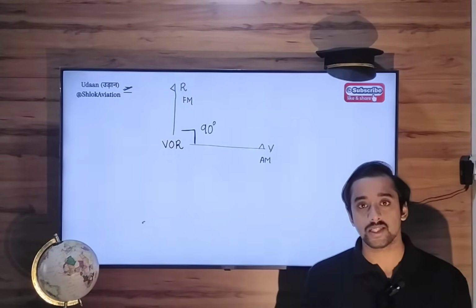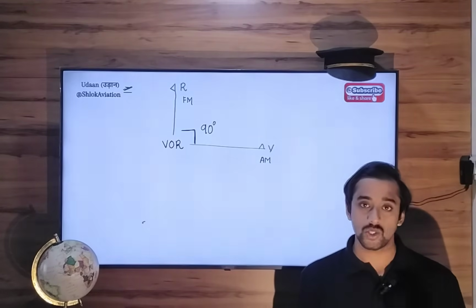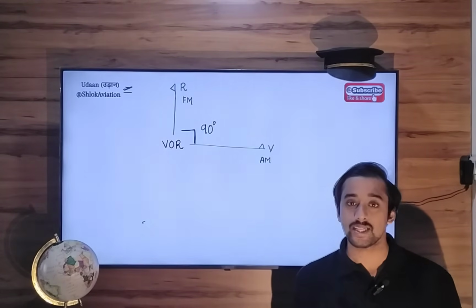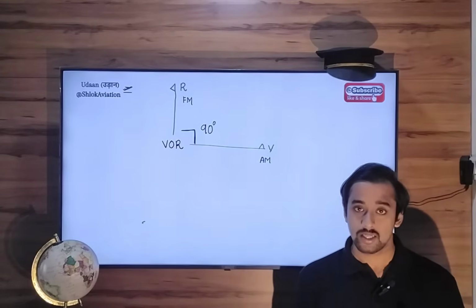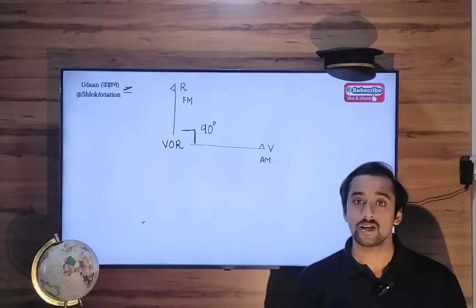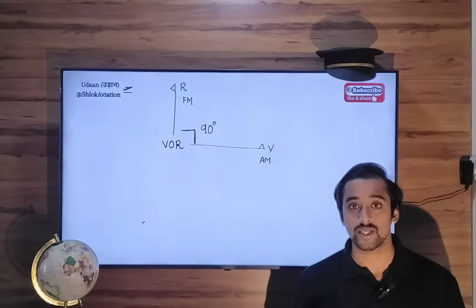We can call it a phase difference of 90 degrees. That means these two waves, reference wave and variable wave, are separated from each other. They are not aligned with each other, and therefore the angular difference between them is equal to 90 degrees.